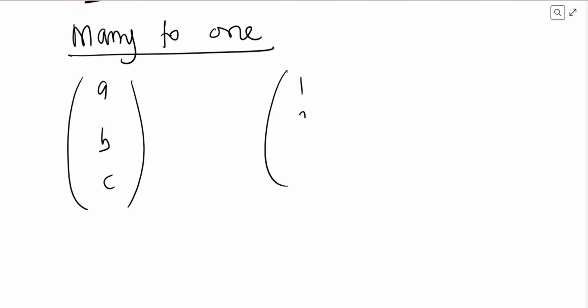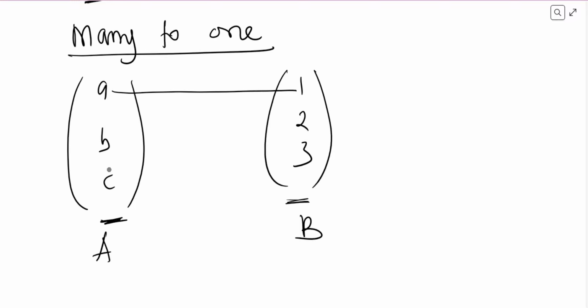Let's look at the next one, many to many. A, B, C into 1, 2, 3 from set A to B. We are saying many to many. So more than one element here maps to more than one element here. So if I take A maps to 1, I can map A to 3.